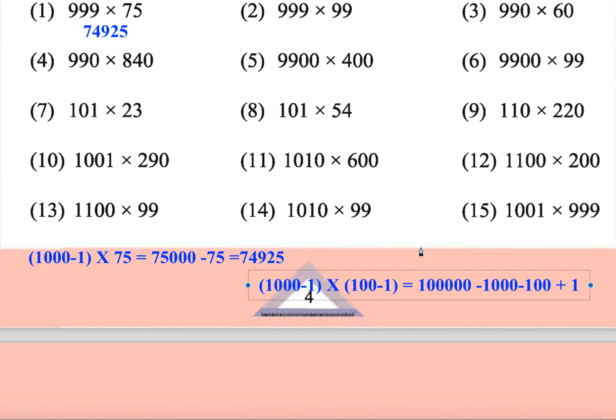Now remove 100 from 99,000. That gives 98,900. Now you need to add 1. So 98,901 is the final answer. The remaining ones you can do similarly.